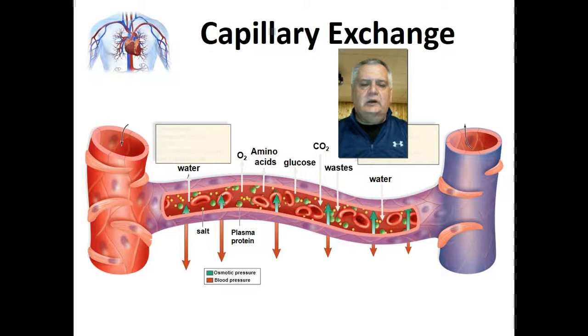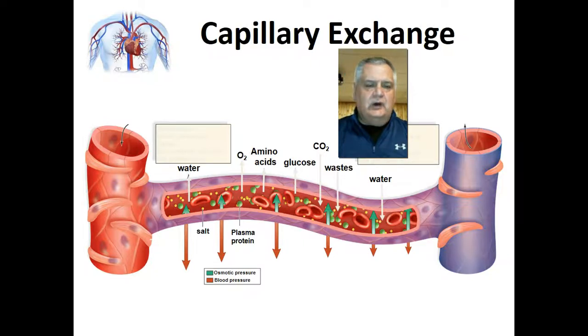So here's a diagram then that represents everything that's going on there. On the left-hand side of the capillary bed, we can see the arteriole in red, and we can see the vein or venule in blue or purple on the opposite end. So blood's going to flow through the capillary bed from the arterial side to the venous side. Blood pressure is going to be higher on the arterial side and lower on the venous side.